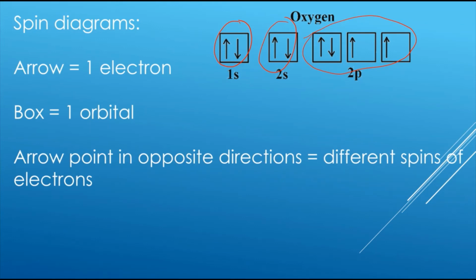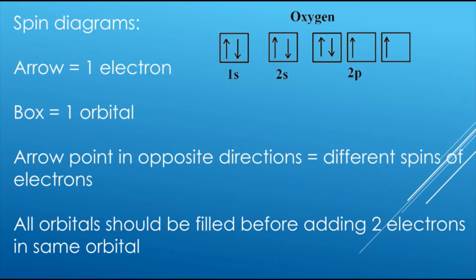And the arrow points in the opposite direction, so if we have 2 electrons in one orbital, the arrow will point in the opposite direction because the electrons would be spinning in different directions. And all orbitals should be filled before adding 2 electrons in the same orbital.